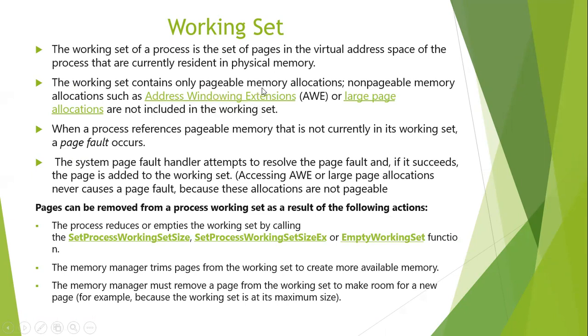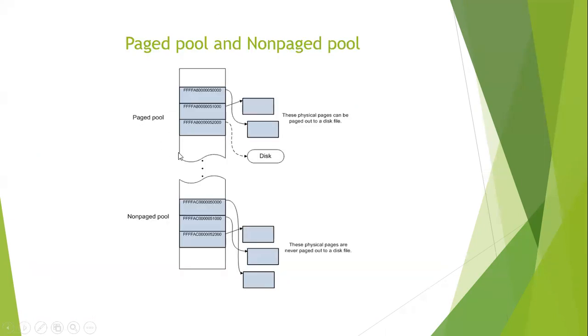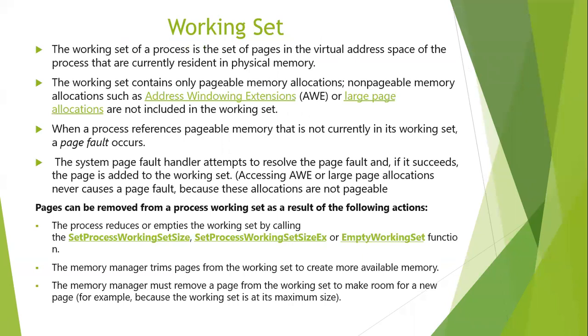The working set contains only pageable memory. I told you in the previous slide, whatever memory which Windows can see is called pageable memory. Non-pageable memory that Windows cannot see, allocations such as AWE, address windowing extension, that is a different memory model. We will talk about that later. Or large pages memory are not included in the working set.